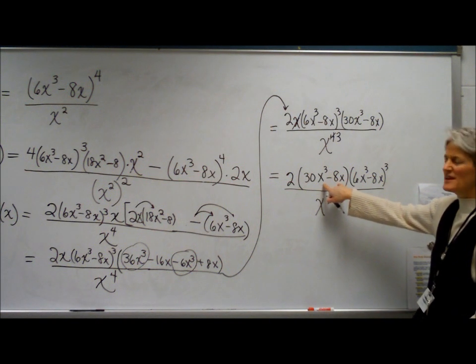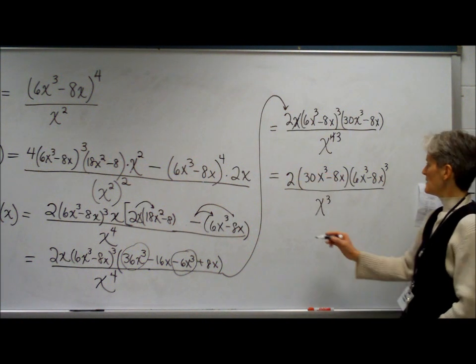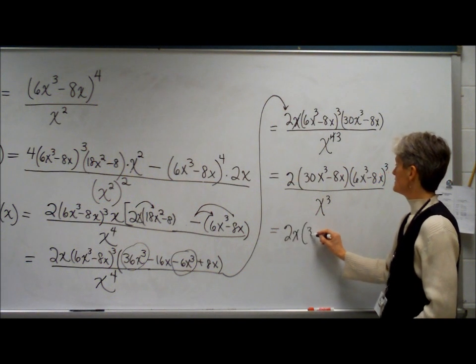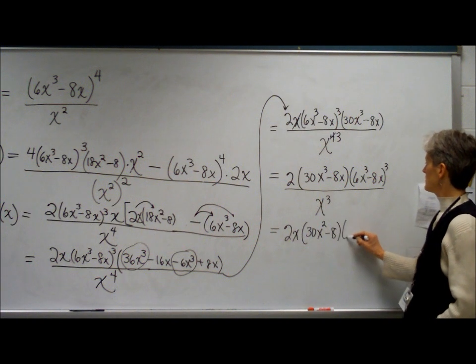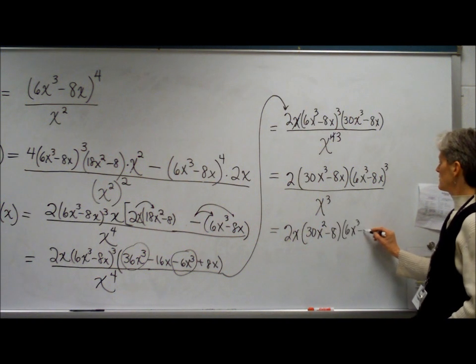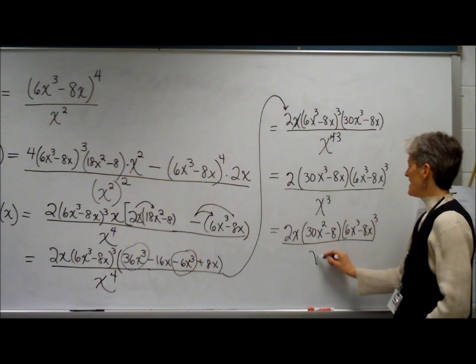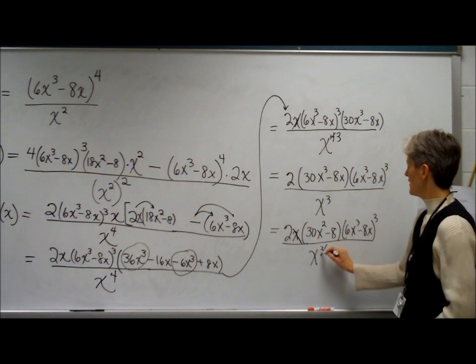Don't I have an x that I could factor out? This is getting kind of complicated, but I could factor out that x. And then, hey, now that's free to divide out.